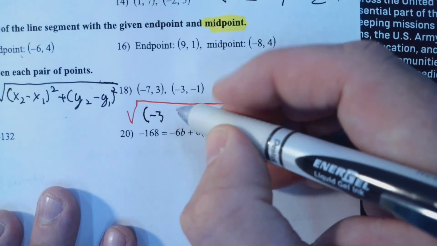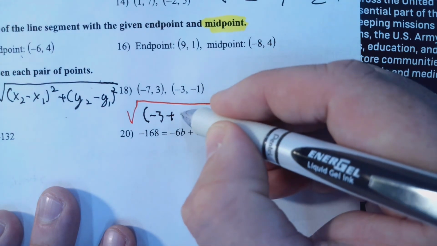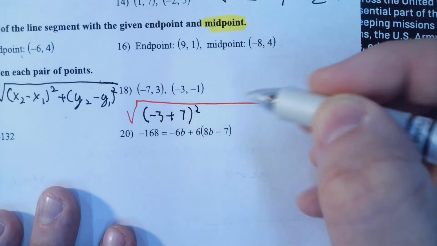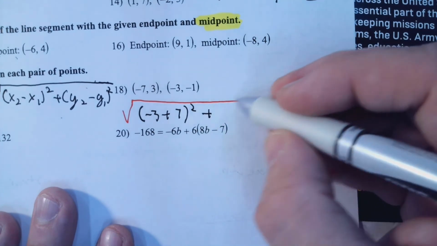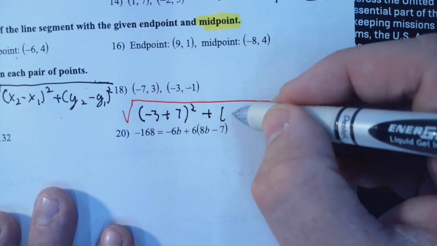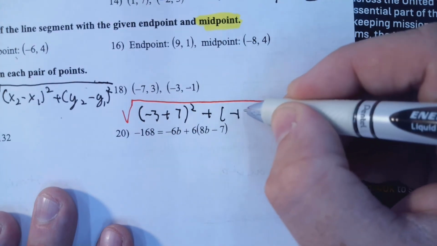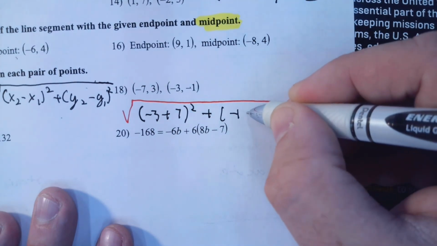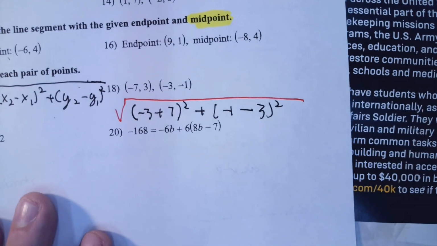X minus x1. Since it's already a negative, I'm going to write plus. Okay. Then we're going to add negative 1. That doesn't look like a negative 1. That's terrible. Negative 1 minus 3 squared. And that's all I need to put in the calculator.